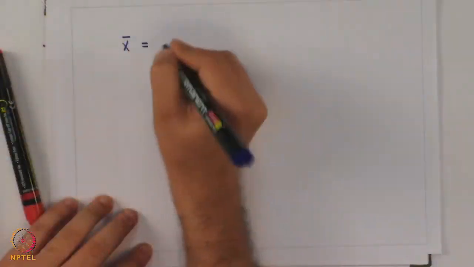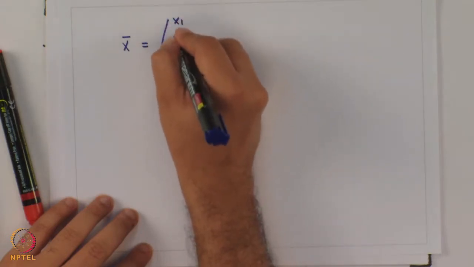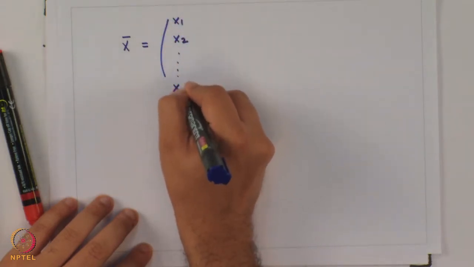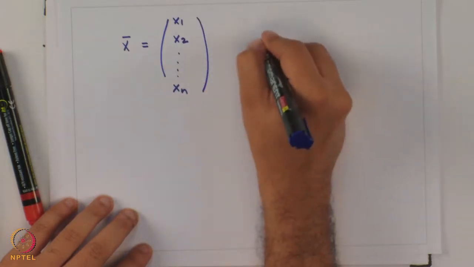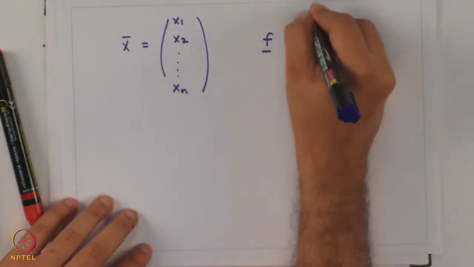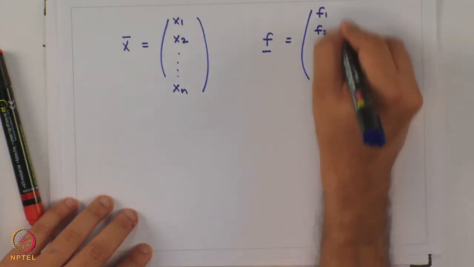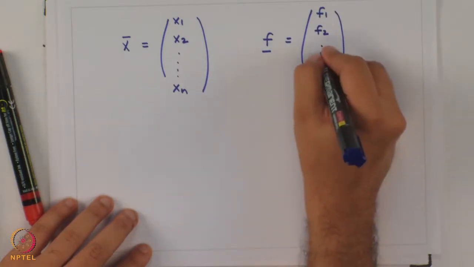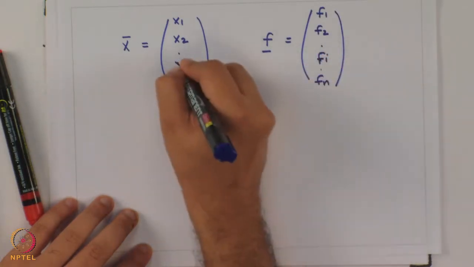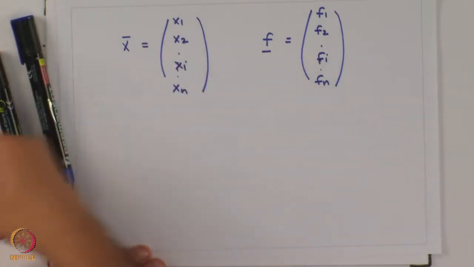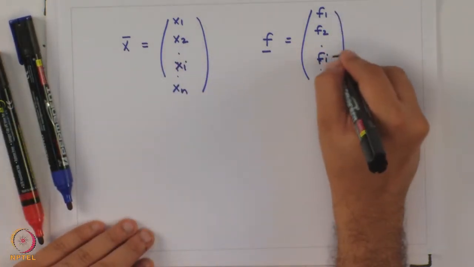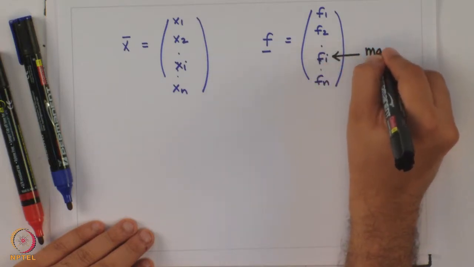And irrespective of what the starting fraction of that population is, let us imagine that the structure of population is defined by this vector x, which is x1, x2 going all the way up to xn, and the fitness vector is just equal to f1, f2 going all the way up to fn. Let's have an fi here, and an xi here. Let's imagine that of all the n values here, this one corresponds to the maximum value.